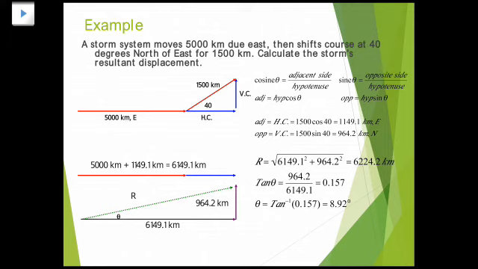Tapos, i-transpose mo yung tangent, so magiging siyang arctan ng 0.157 and equal siya sa 8.92 degrees. So, yung final answer dito is 6,224 kilometers at 8.92 degrees north of east.